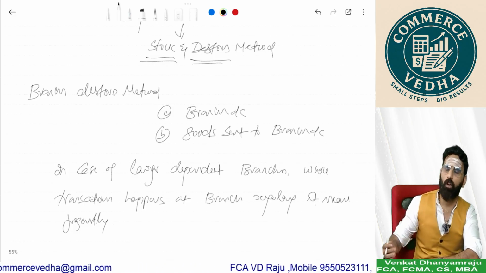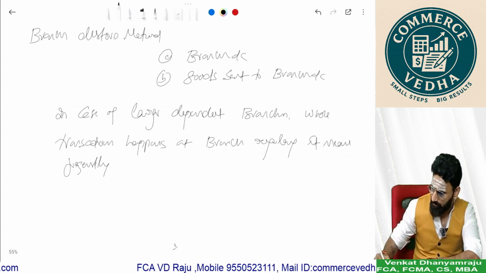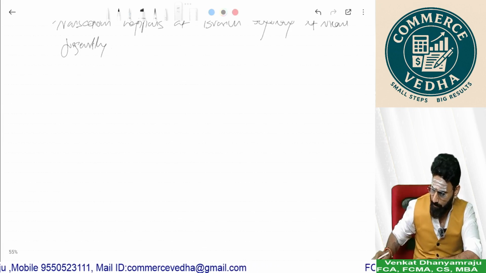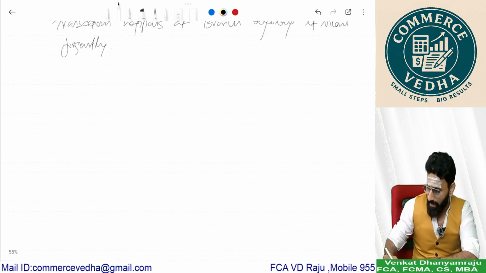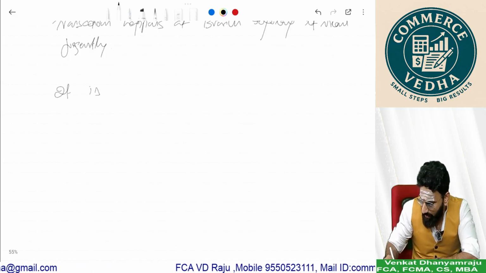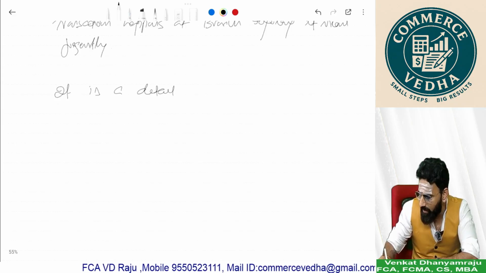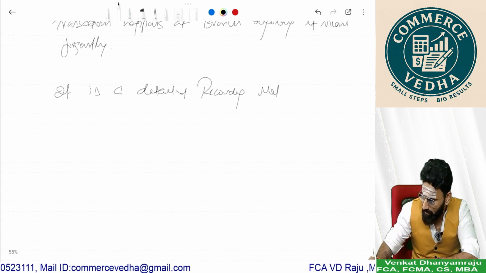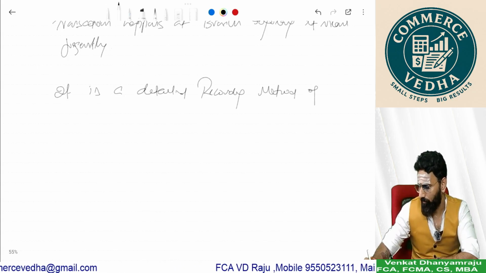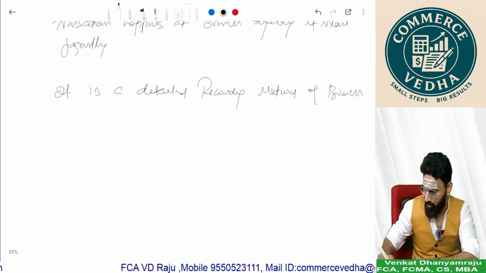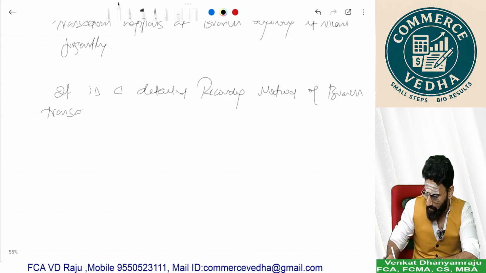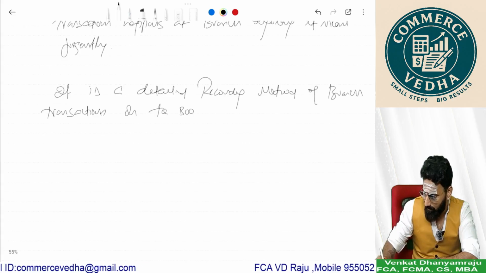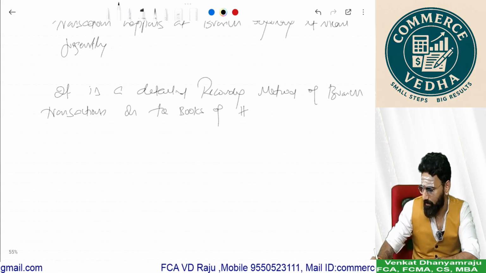So what is this method all about? In this method, what we do is a detailed recording method of branch transactions in the books of head office.